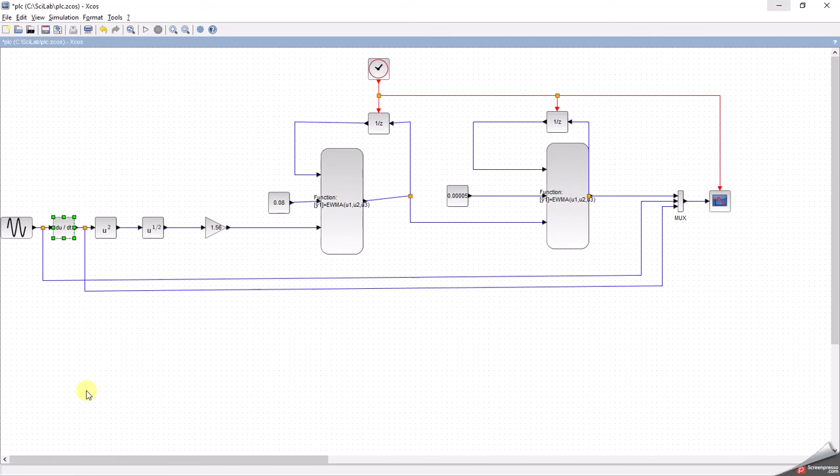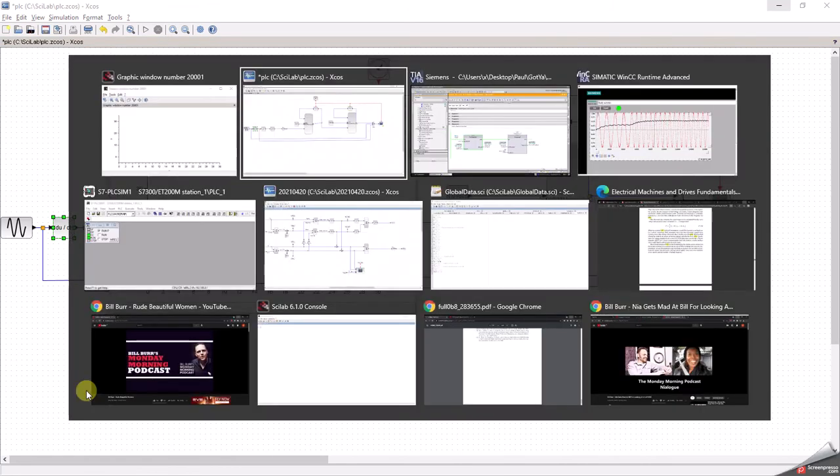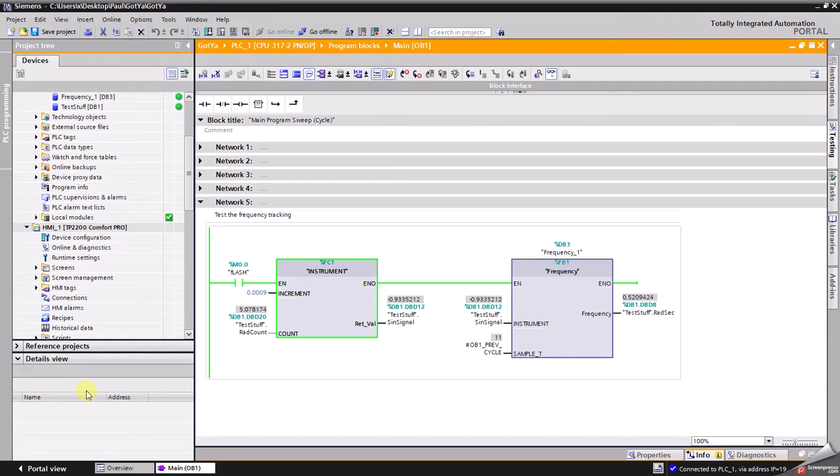If you look at the PLC code, if this is your signal coming in over here, any sort of noise on that will possibly be amplified. Although there is a filter in there that will deal with it, it's just something to be aware of.